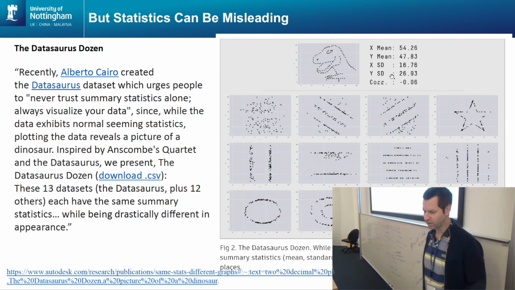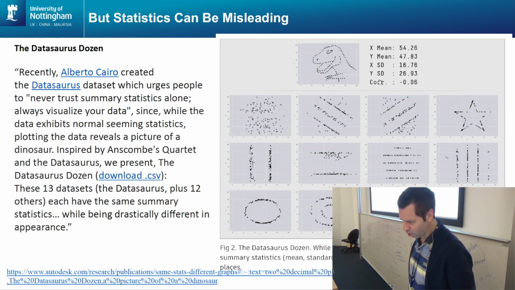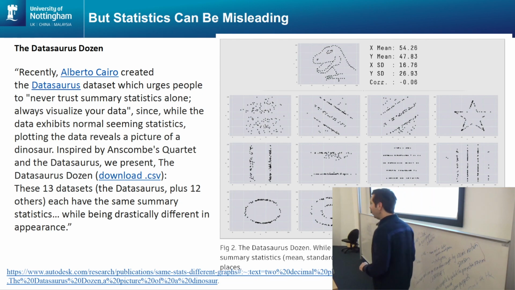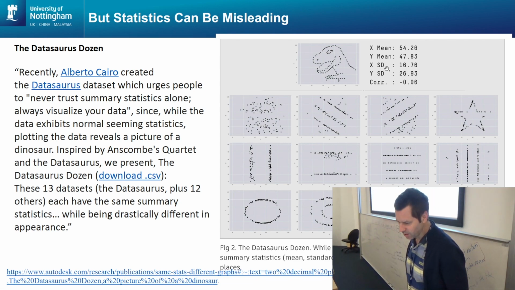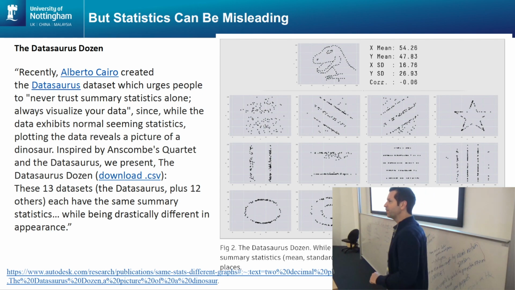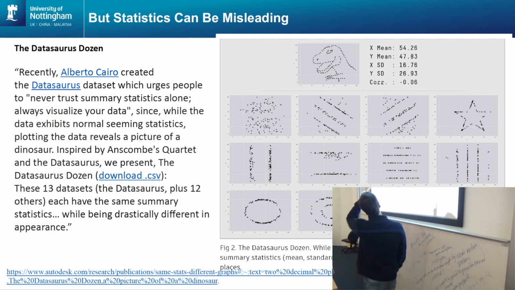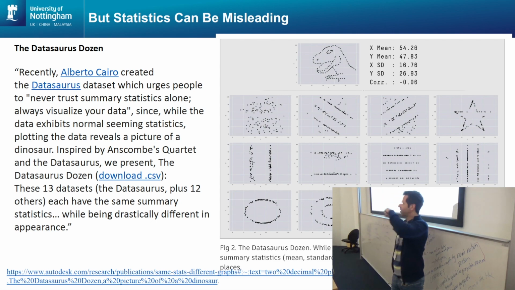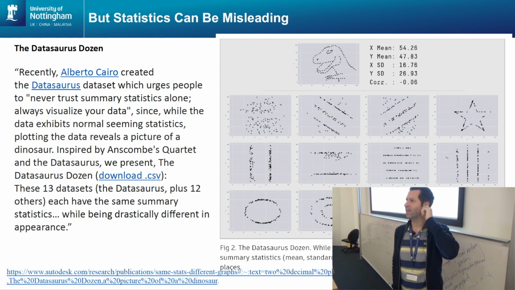And you can compute, for example, a correlation coefficient, and you get results that look like this: 54, 47, 18, 26, and minus 0.06. Right? And that's for the Datasaurus in this case.